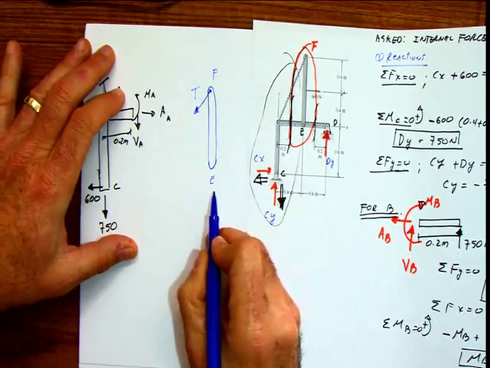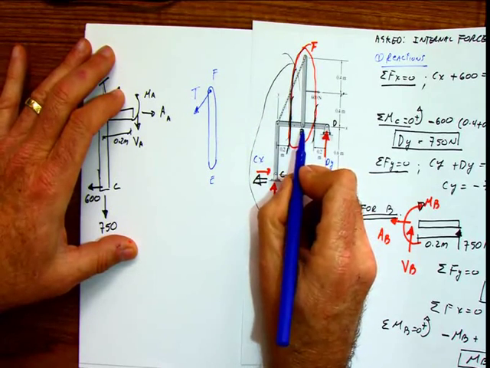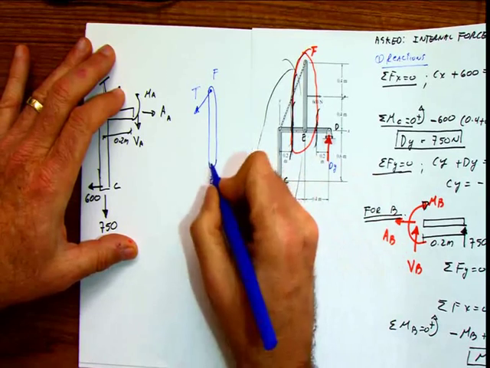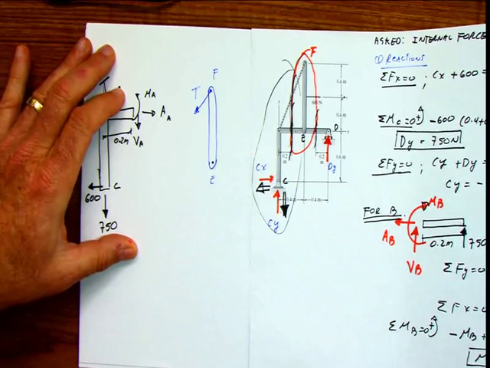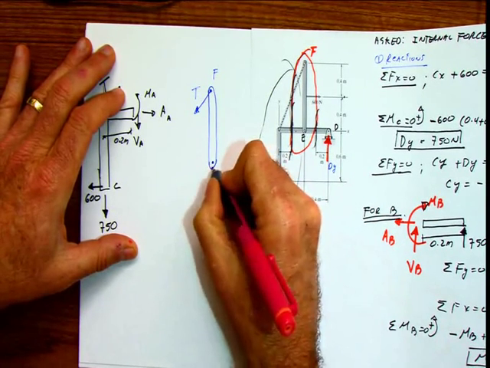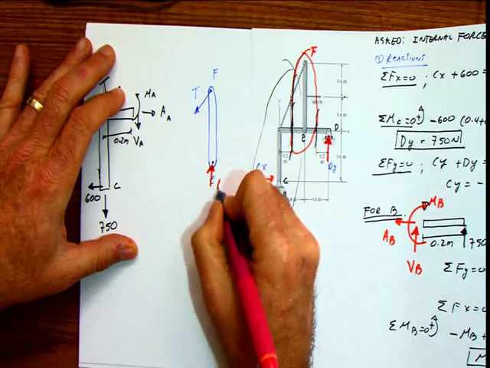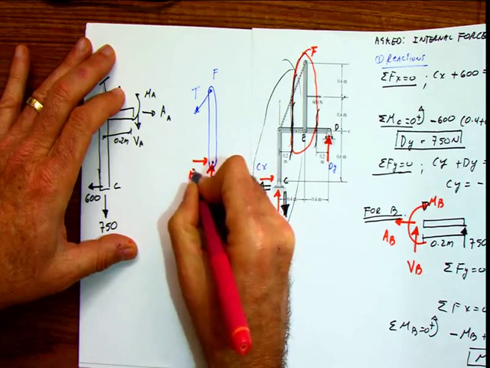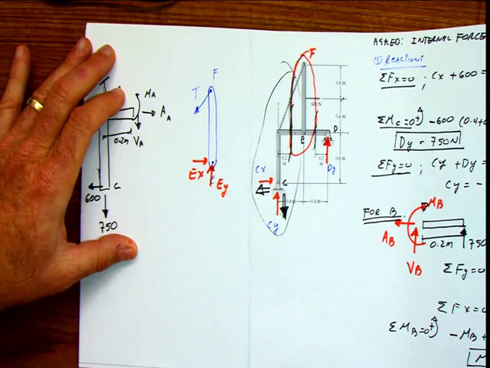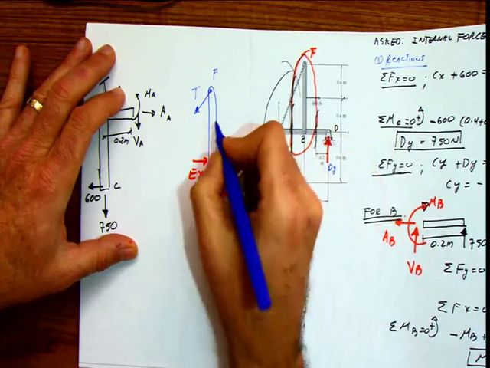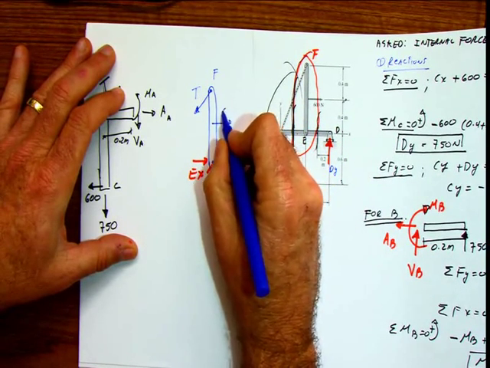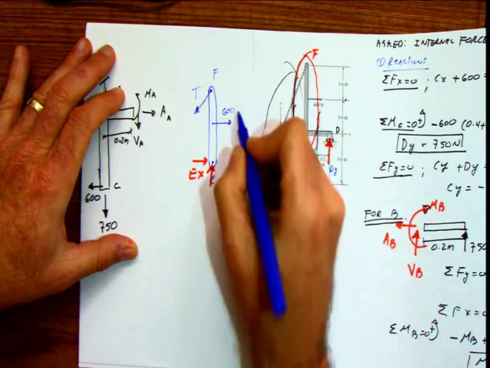and here, what type of support is that? It doesn't say it, but you can see it there. That's a pin. It's a pin support. Well, if it's a pin support, how many reactions am I supposed to have? I'm supposed to have one reaction EY and one reaction EX. Also, we have this force applied here at the center, which is part of the section, and that's 600 Newton.